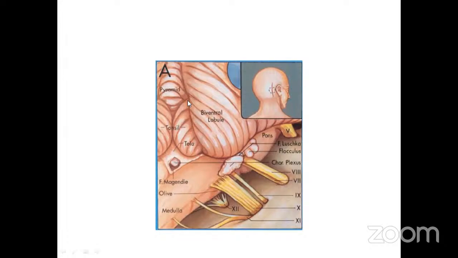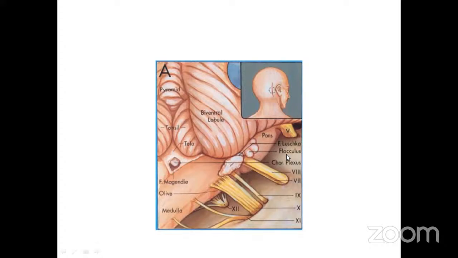So in this diagram, we can see the pyramid of vermis, the cerebellar tonsils, the biventral lobule. This part is the tela choroidea, and the foramen of Magendie is present.